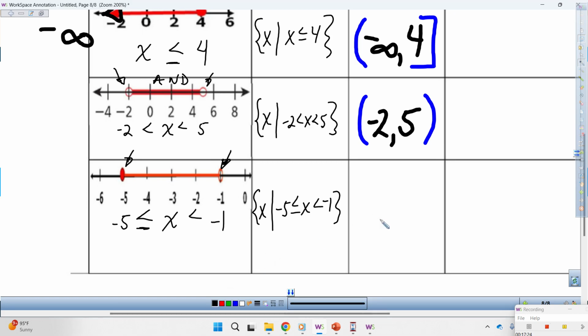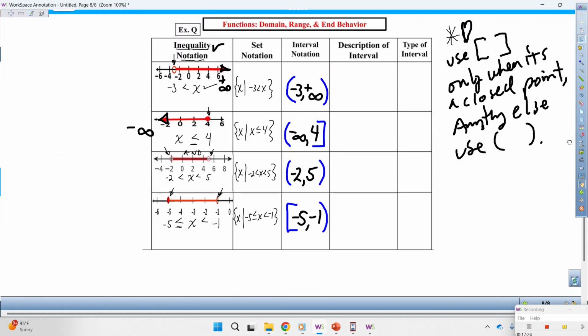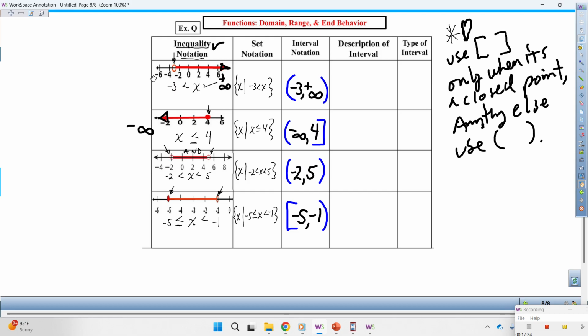So what are our dividing points? All right, and what do we use? That is correct. So what can we conclude from that notation? Interval notation. We conclude, Mr. Q, that anytime there's a solid point, a close point, we use a bracket. Anything else is what? Parentheses.